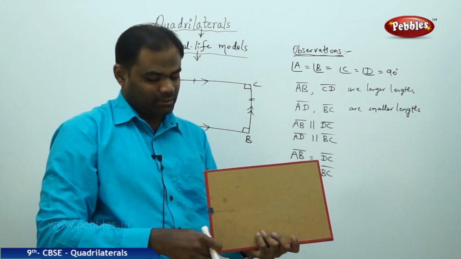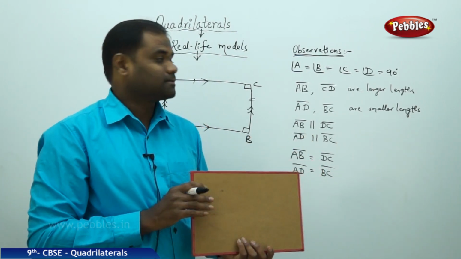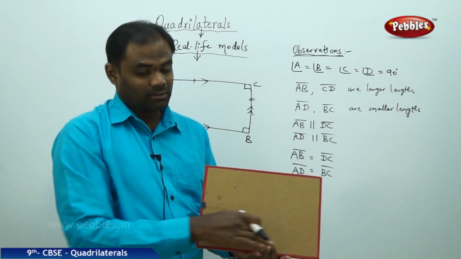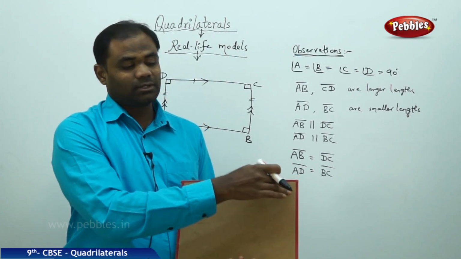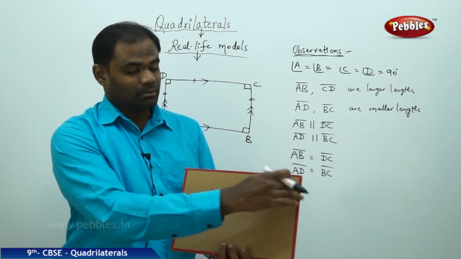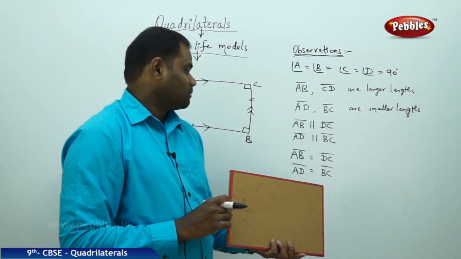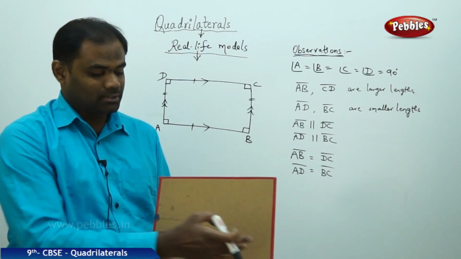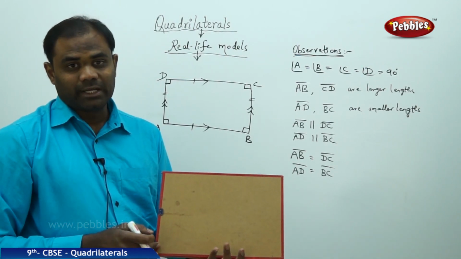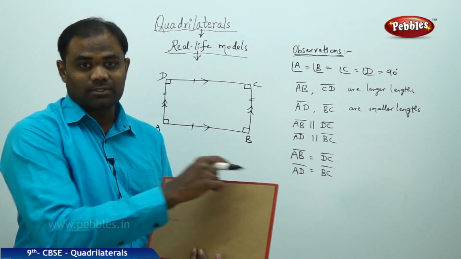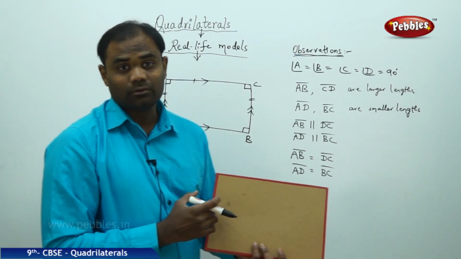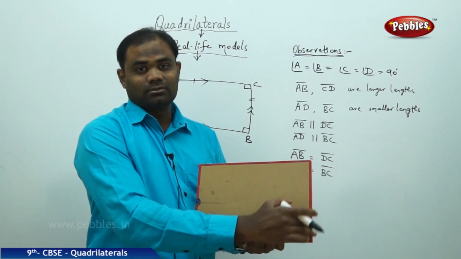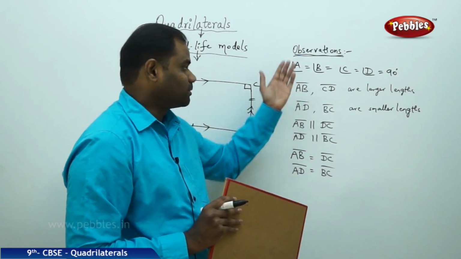Similarly, AB is parallel to DC, and they have equal distances in between, and these two are also parallel. My third observation is that this length on the top is the same as this length on the bottom, as I can check with a measuring tape. They are equal. Therefore, this equals this and this length is equal to this. So these are the geometric properties I identify.